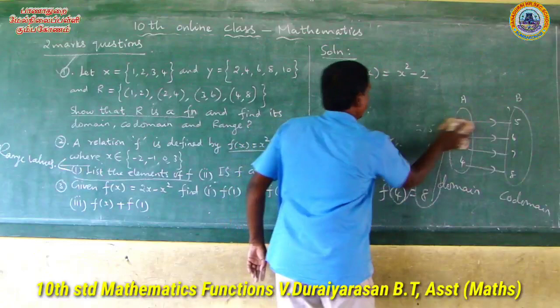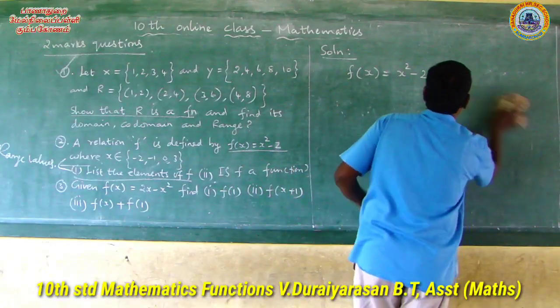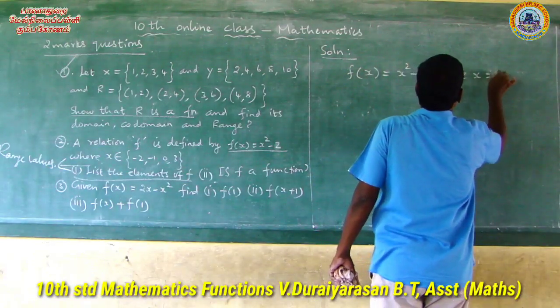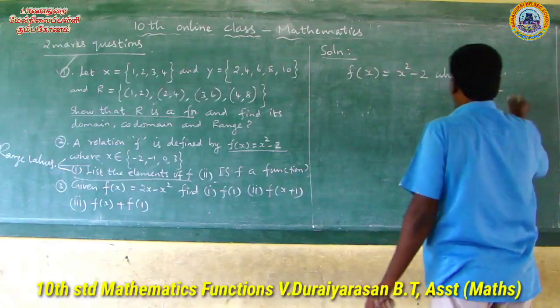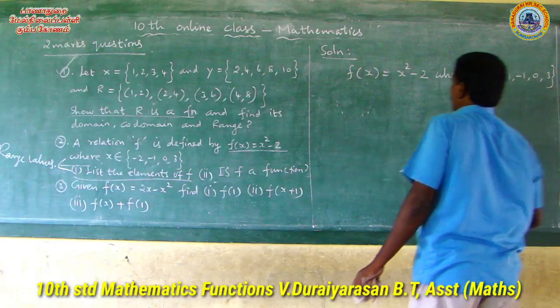What is the given value of x? x is equal to -2, -1, 0, 3.